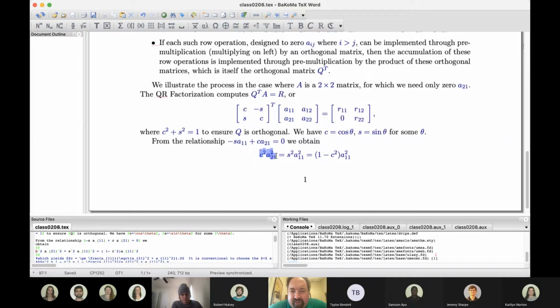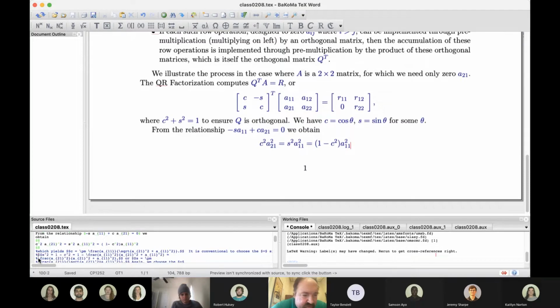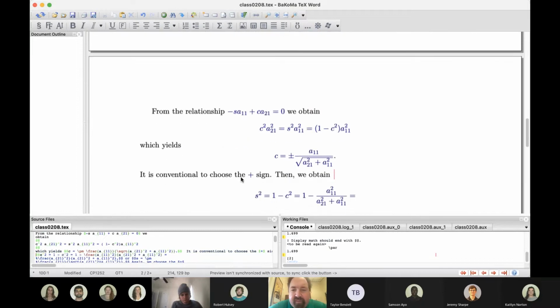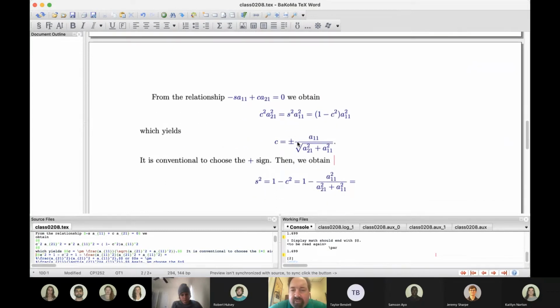So now I have this equal to this, which lets me solve for C squared. And if I go ahead and do that, then this is what I get, plus or minus. I could choose either one. By convention, I'll choose the plus sign.